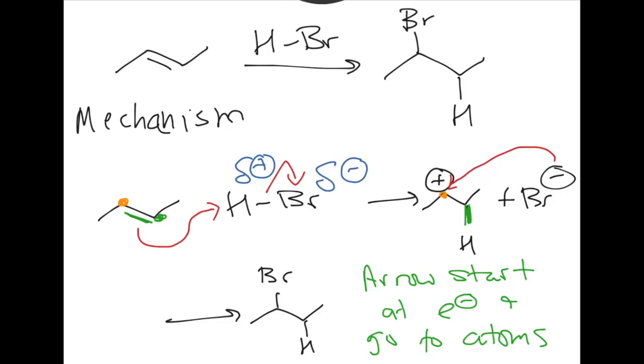You start them at a negative charge. You start them at a lone pair. And they go to some place that is lacking electrons. Right? So you're always going to start your arrow at this pi bond, and it goes to the hydrogen that is lacking electrons. So you're always showing your electrons moving to somewhere, moving to an atom.